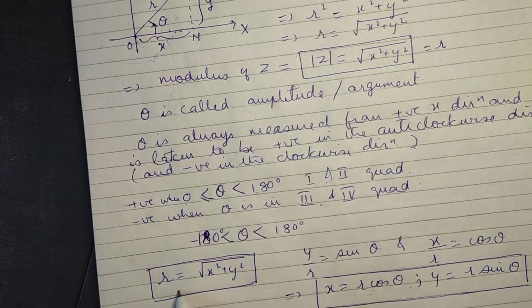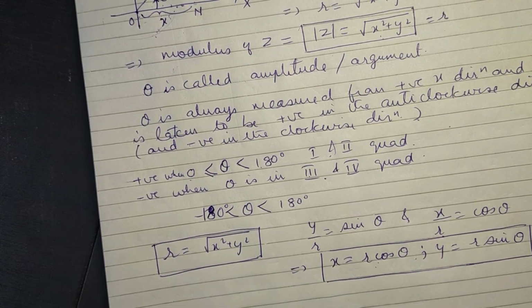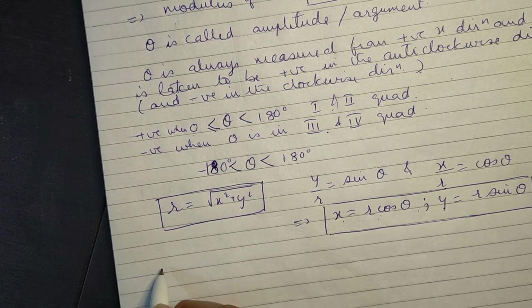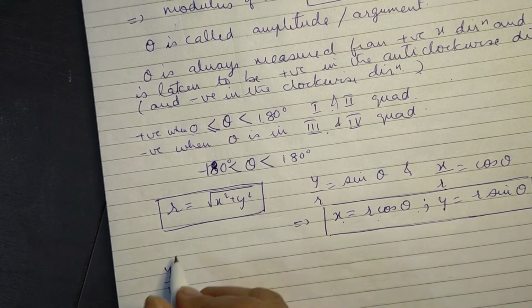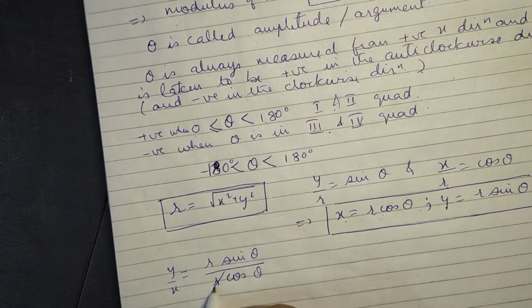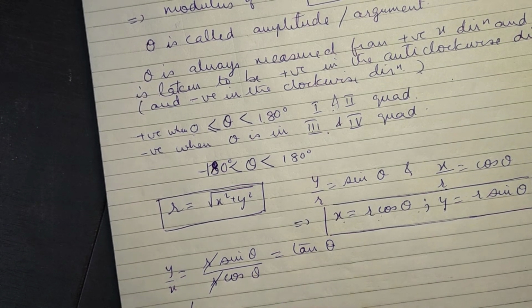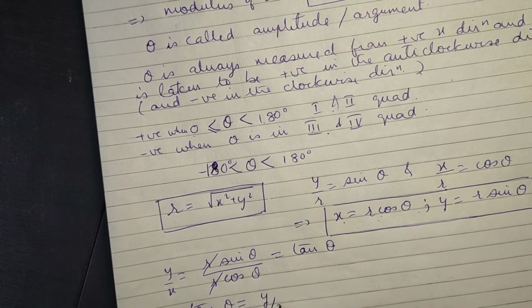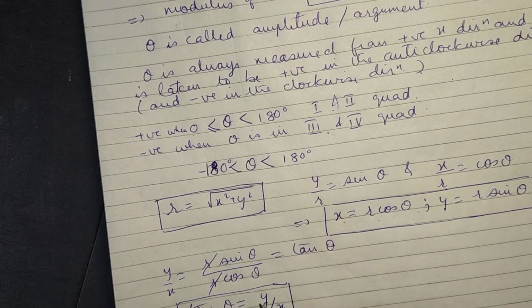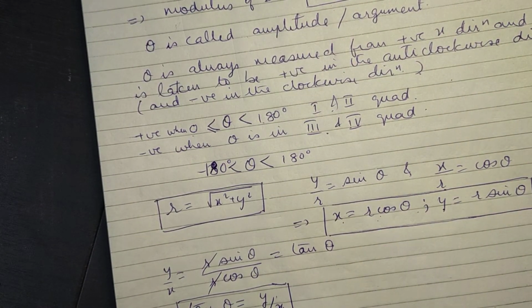Now we have already seen writing r in terms of x and y. We need to write theta in terms of x and y. So if you divide y by x, what do we get? y upon x is equal to r sin theta upon r cos theta. The r cancels, which is tan theta. And so theta is defined in terms of tan of that angle, and it is y upon x, basically the imaginary part upon the real part.